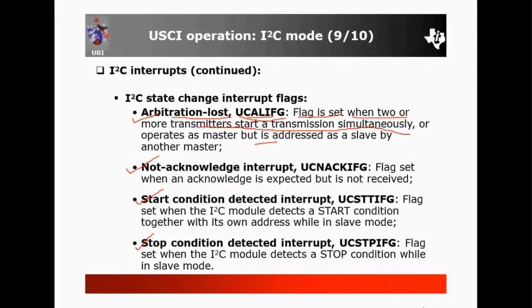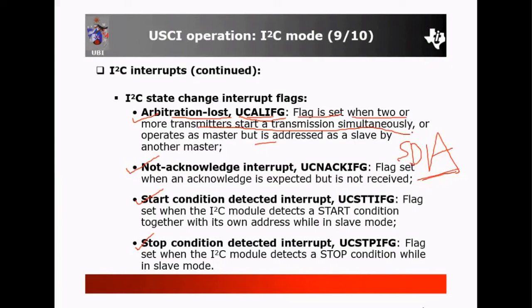If one master or one transmitter sends the data, there is no problem. If two transmitters send the data simultaneously on a single SDA line, what will happen? The SDA line will not allow both to send their data at the same time.